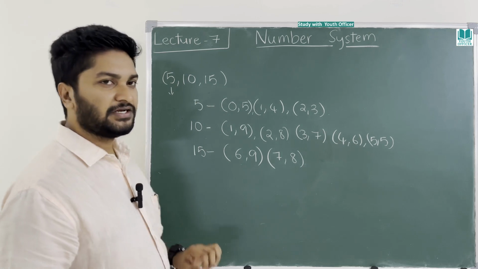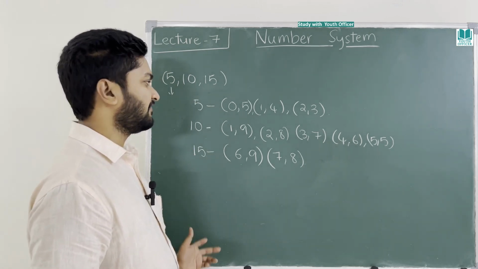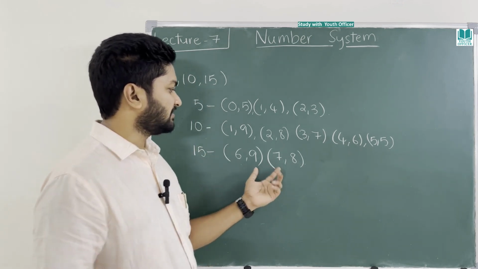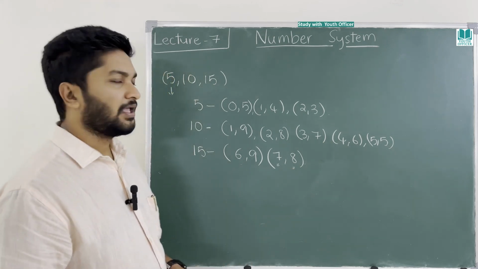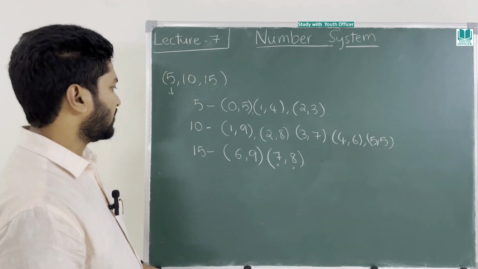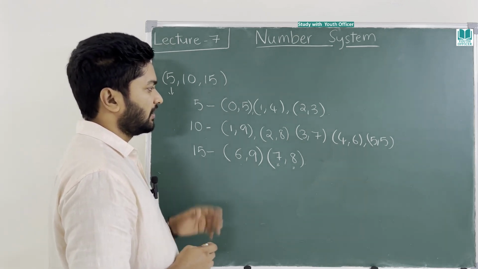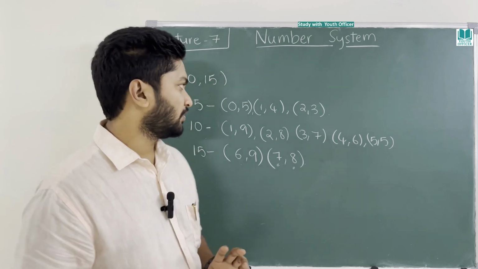I am not taking 20 here because 10 will cover 20, 30 and everything. But 5 may not cover 15. That's the reason, because these are single-digit numbers. If you add them, you get 15. I'll take some more examples to explain. Before that, note down these combinations once again. These are very important to you.